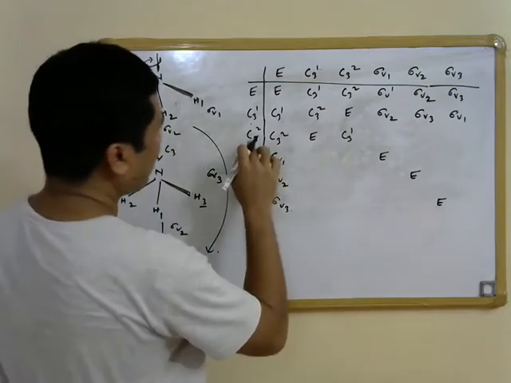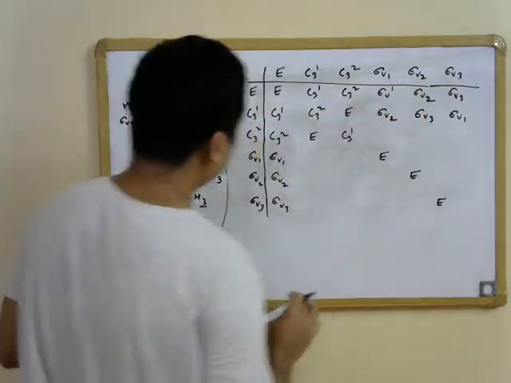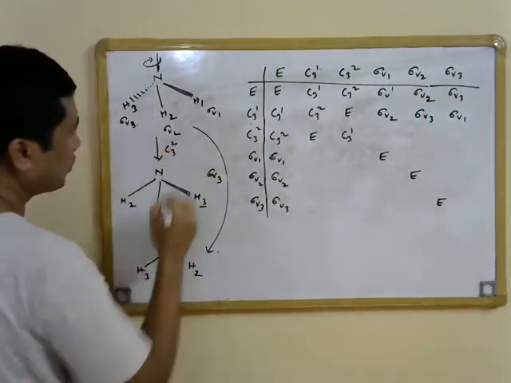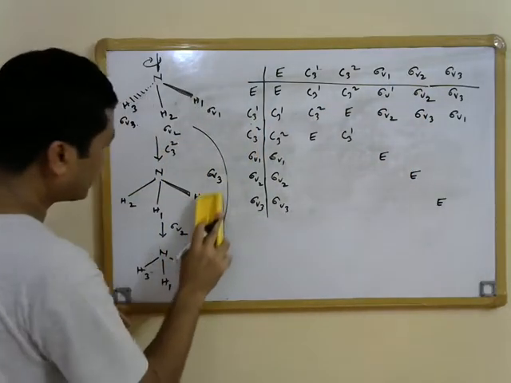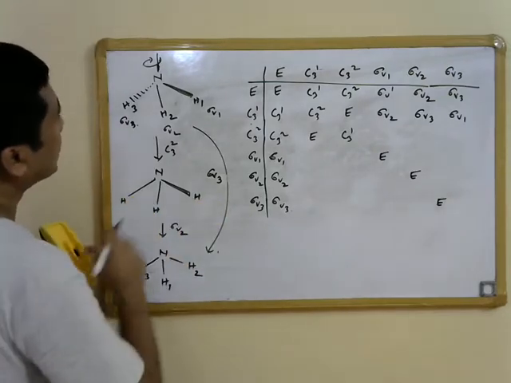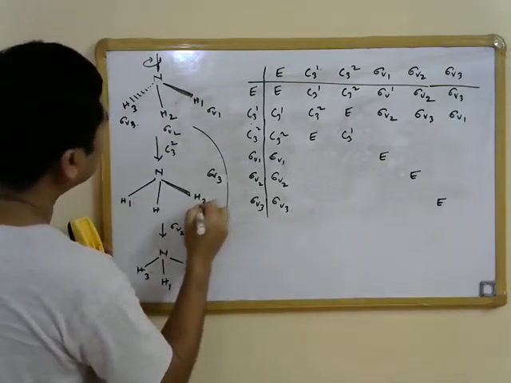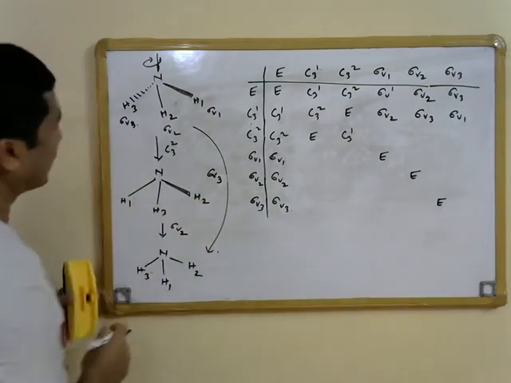So next, we will try to find out the product of C32 and sigma V1. When we do C32 over here, then H1 is going to be over here, and H2 is going to be here, and this is going to be H3.